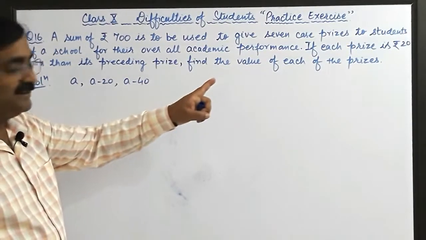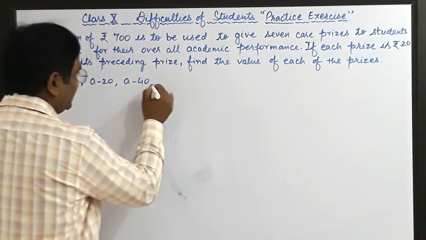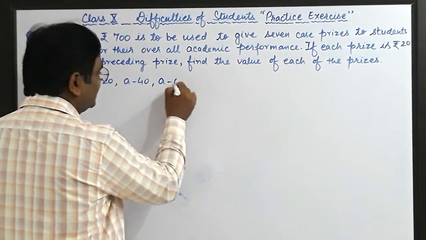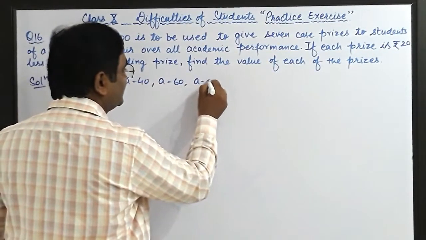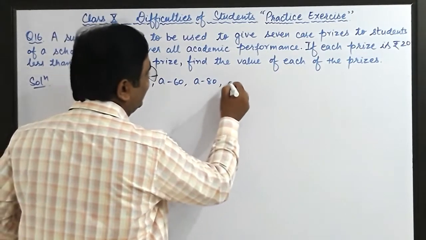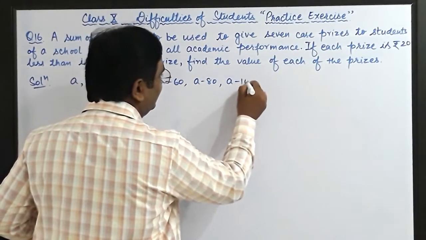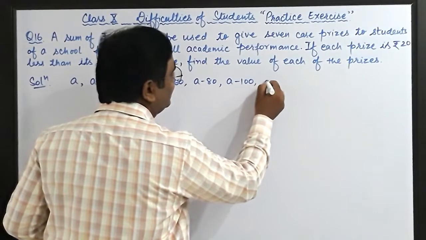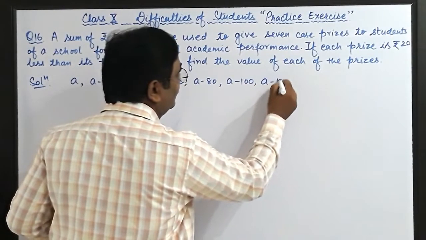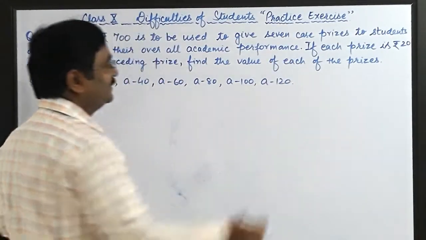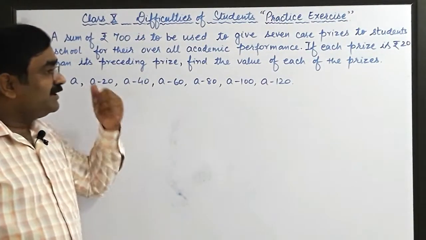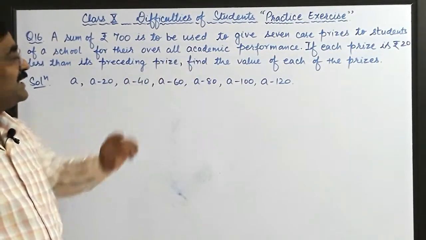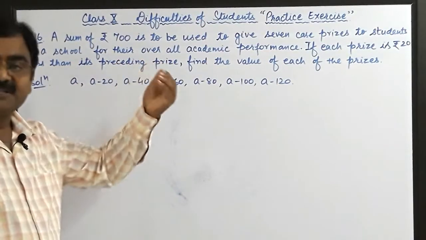Fourth prize is A minus 60, fifth prize is A minus 80, sixth prize is A minus 100, and seventh prize is A minus 120. Right? Why 20 we are taking less? Because each prize is 20 less than its preceding prize.